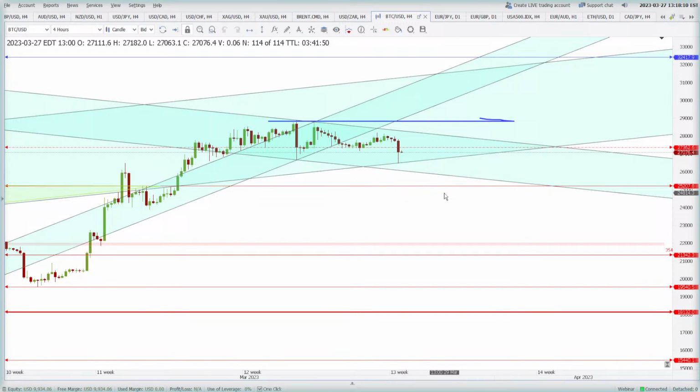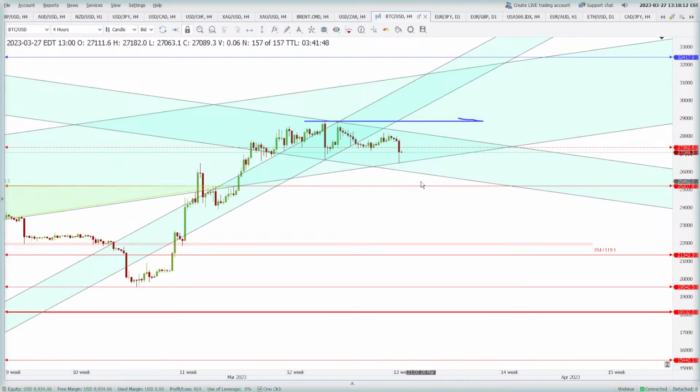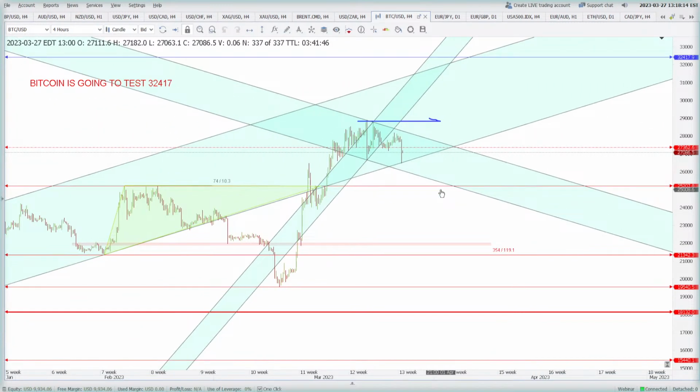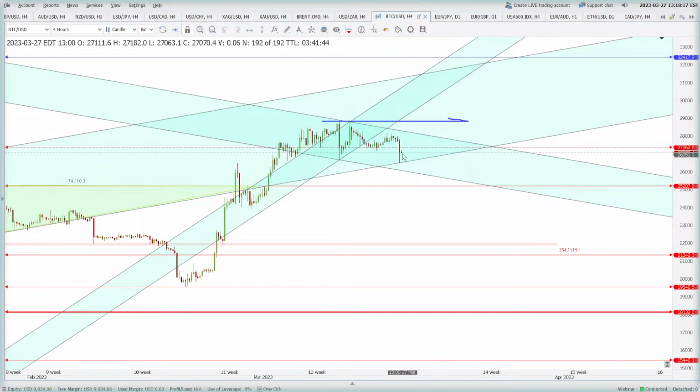But yes, 25207 may be acting as a good support here, and the price can actually take some time here up and down before it makes a move up. 32,417 is imminent here. It can be taken anytime soon. You see the buyers are there at the lower levels, but there may be more and more buying when the price goes close to 25,207, which I am expecting to act as a huge support for the buyers.